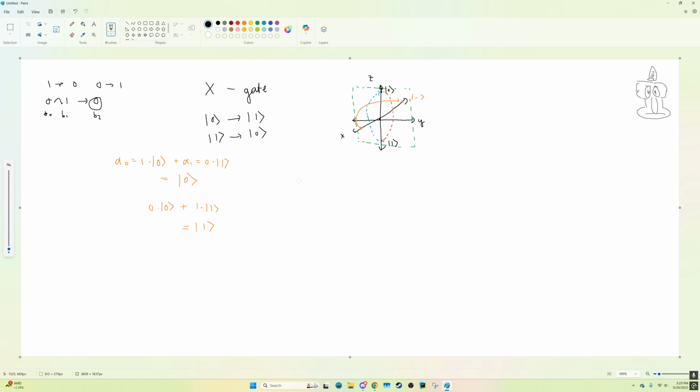So in a 2-qubit system where we have Q1, Q0, we can apply a C naught to Q1 so that if Q0 is equal to a 1, then the X gate is applied to Q1.